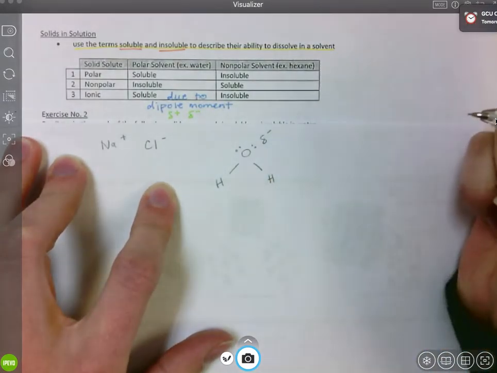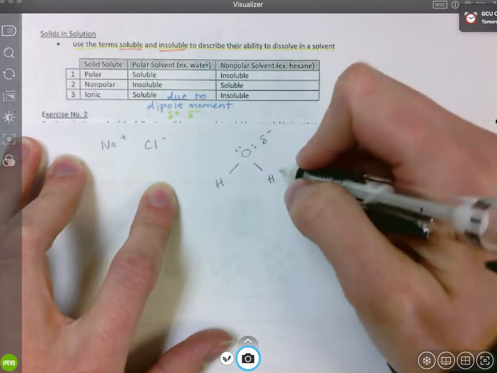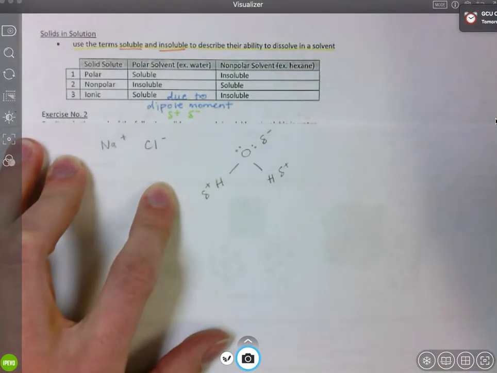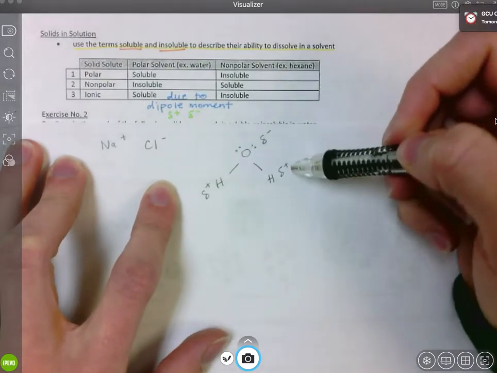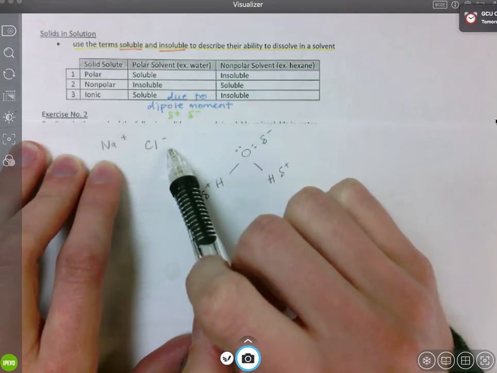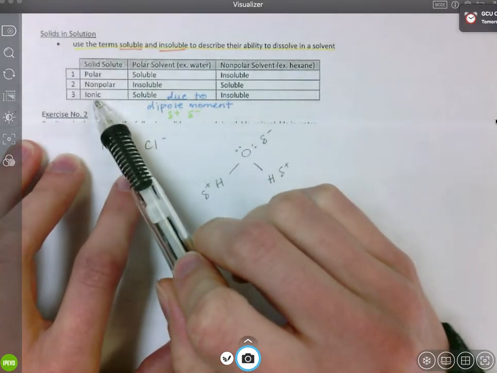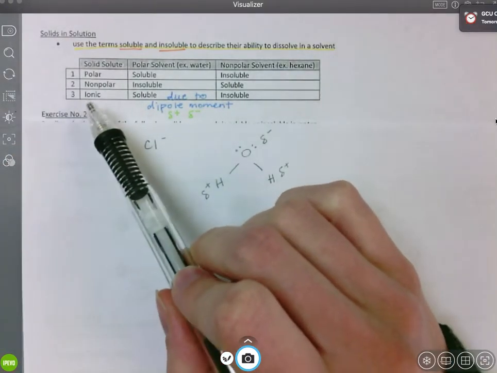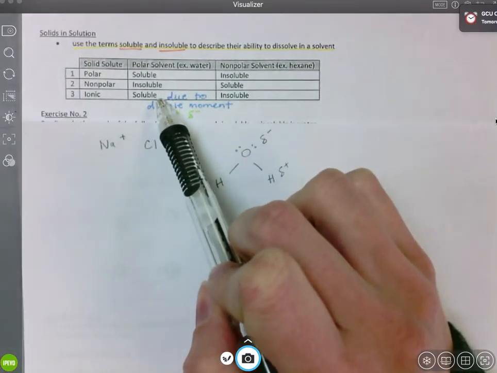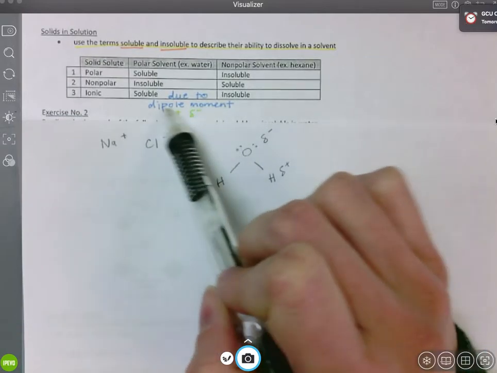So we're going to see a partial negative charge on our oxygen and partial positive charges on our hydrogens. These partial positive, partial negative charges are going to be attracted to these fully positive, fully negative charges. So opposites are going to attract there. So that is why ionic solutes are going to dissolve, be soluble in polar solvents because of those dipole moments that we see there.